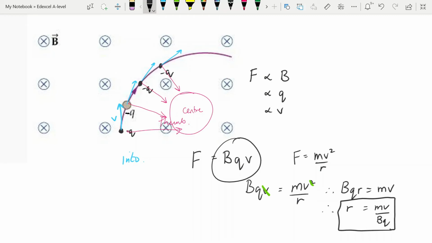And think about the direction there for a second, because if this was a positively charged particle and you applied Fleming's left-hand rule, the force would be in the opposite direction. And so our curve would be like that. When I do my video on particle accelerators and detectors, be sure to check it out because I will go into this in more detail.